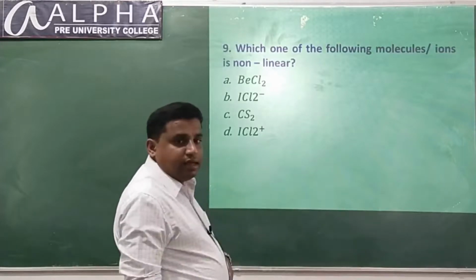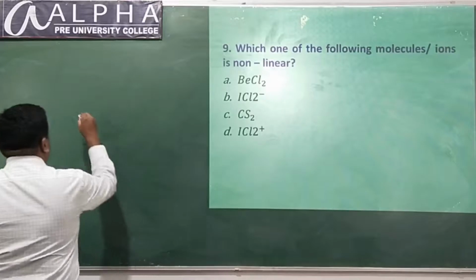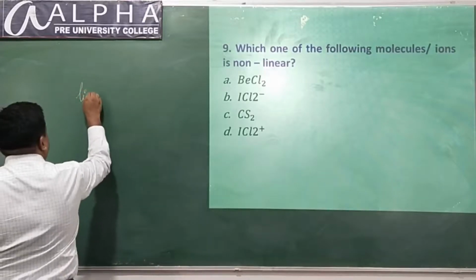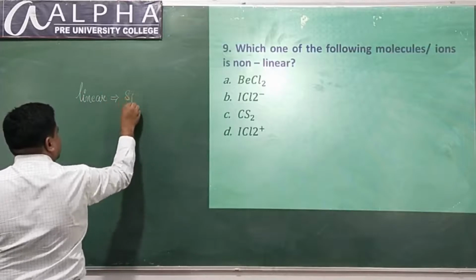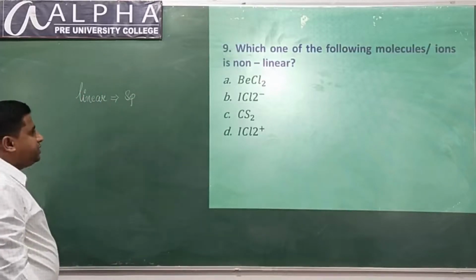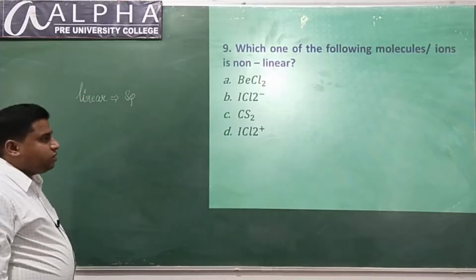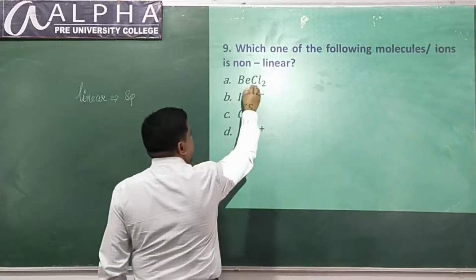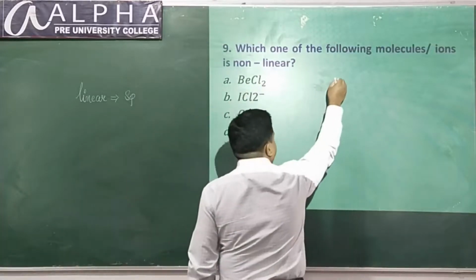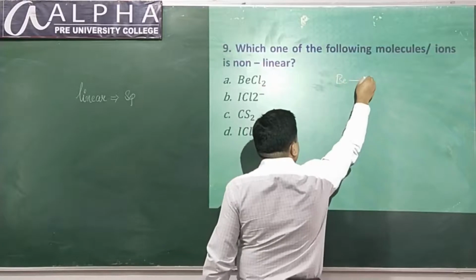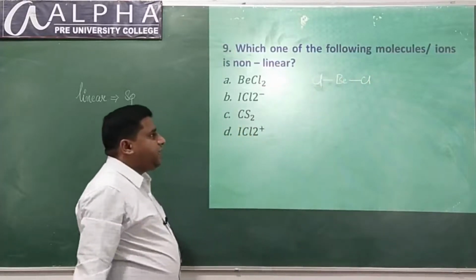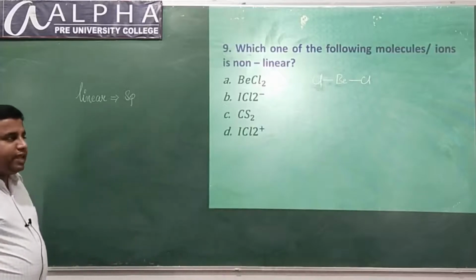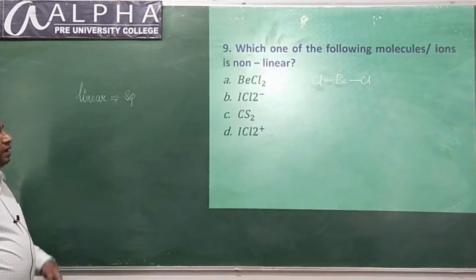Linear means what type of hybridization? sp hybridization. Of course, we know beryllium chloride is sp hybridized, isn't it? Beryllium chloride is a linear molecule because it is sp hybridized.